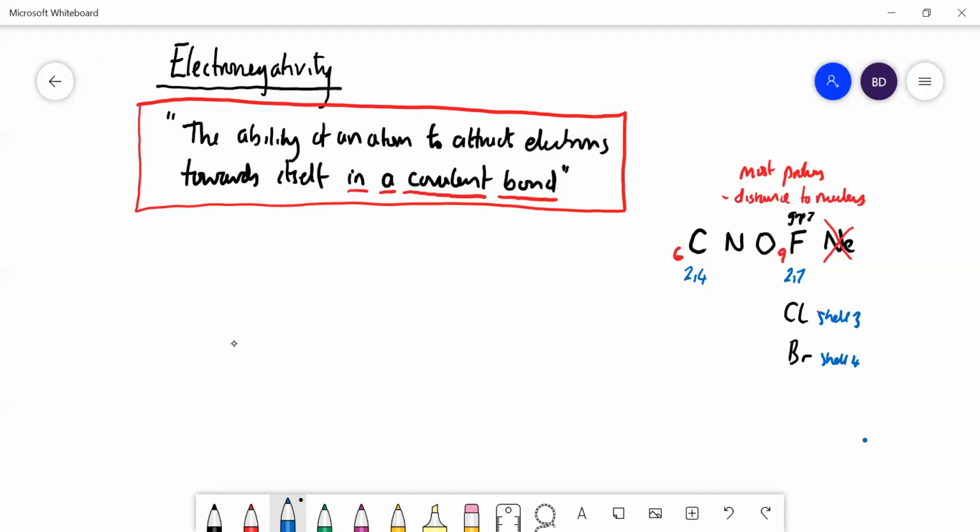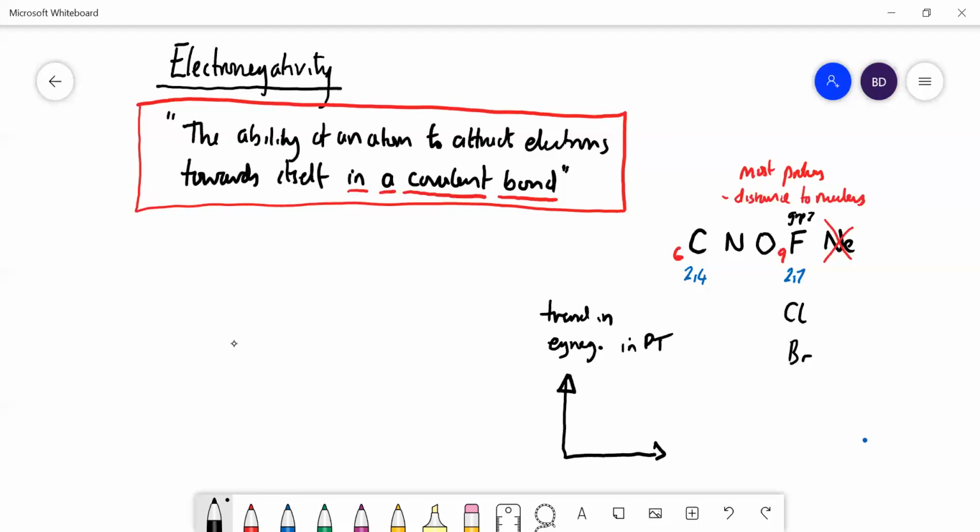I always think it's quite a useful thing, if you ever want to think about the trends in electronegativity in the periodic table, to think like that: increasing.